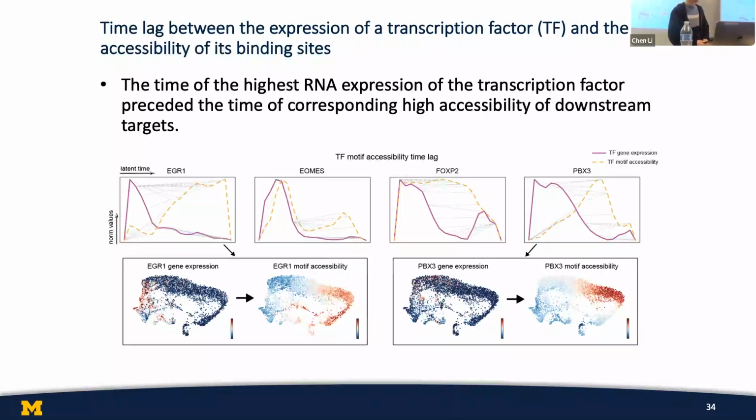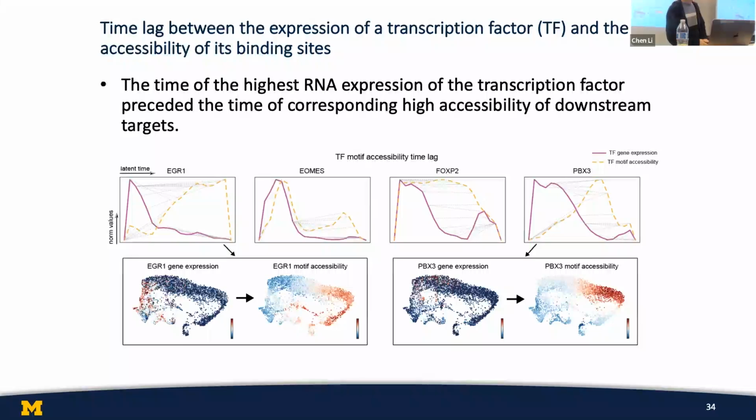All those are classic neuronal TFs. Here the magenta is the gene expression, and the yellow ones are the downstream binding site accessibilities.